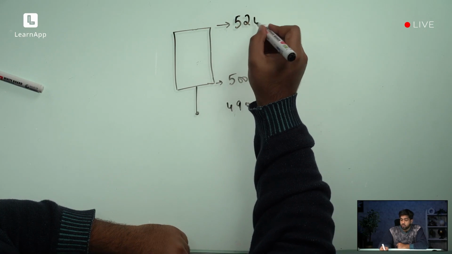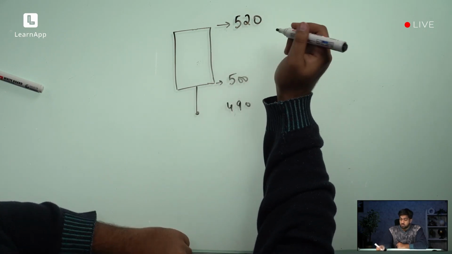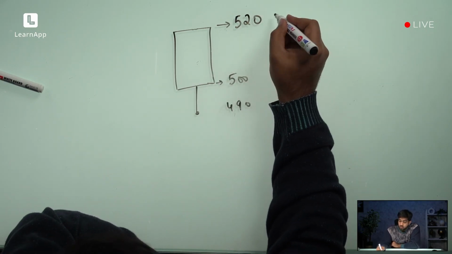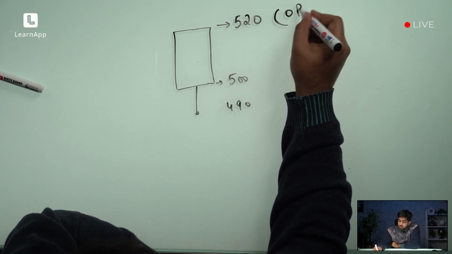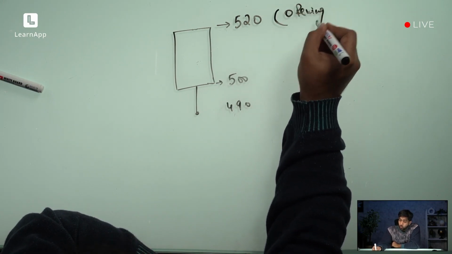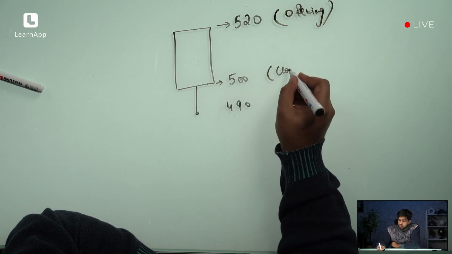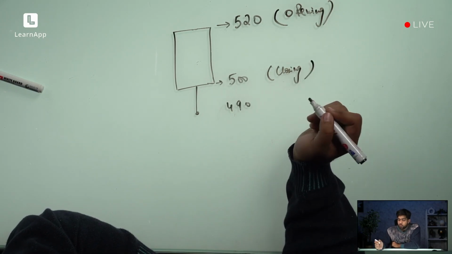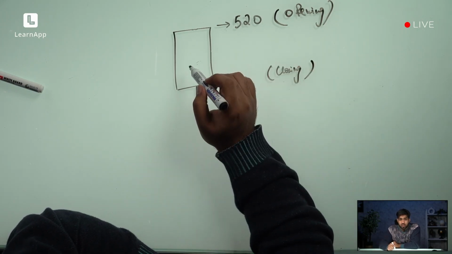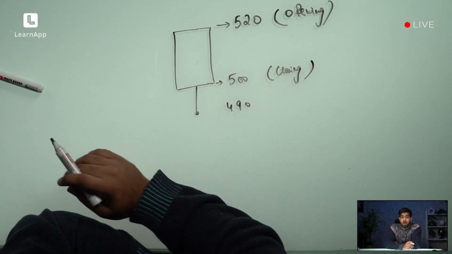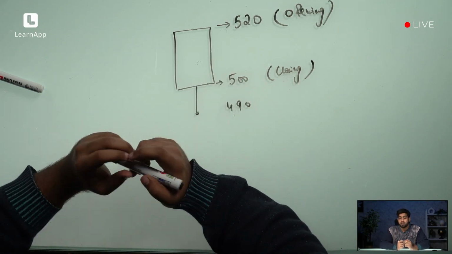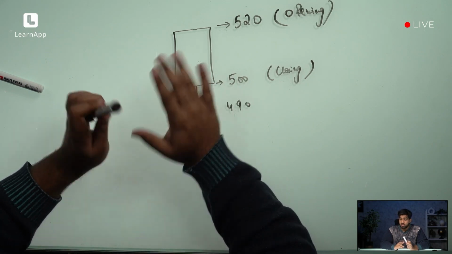This point is 520 over here. This is the opening price. This is the closing price. Now you have to tell me the color of the candlestick and also the highest price of the candlestick, the highest point it touched. What is the color of the candlestick?